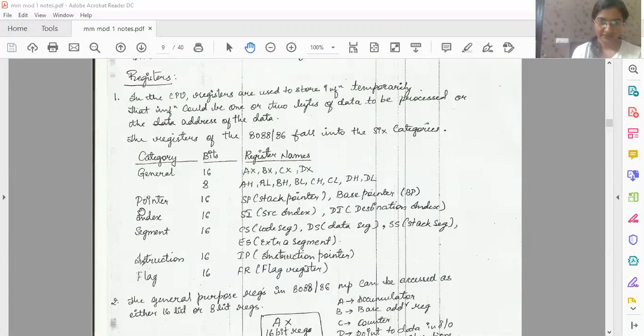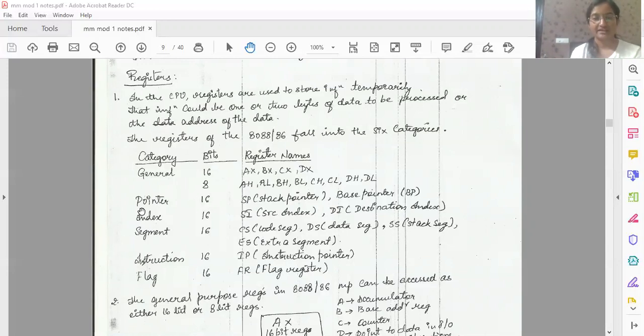General purpose registers, you can simultaneously see my notes. Then we have pointer registers, index registers, segment registers, the instruction pointer, and the flag register. The size of all these registers is 16-bit.